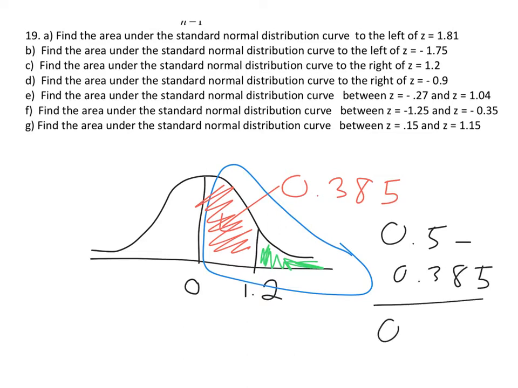And that comes out to be 0.115. So that's going to be the area of the green. The green part, which is 0.115, plus the red part comes to be 0.5. The red part we found on our chart, so we just have to add those. If you add those together, you check, it comes out to be half of the total area.